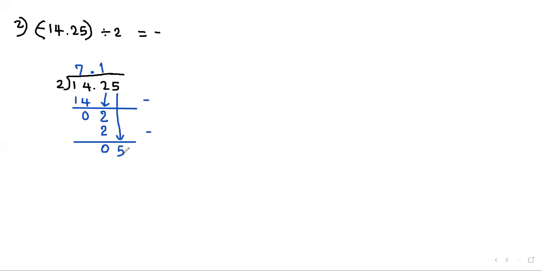So 5 divided by 2. What do we get? 2. Now 2 times 2. What do we get? 4. Let us subtract.